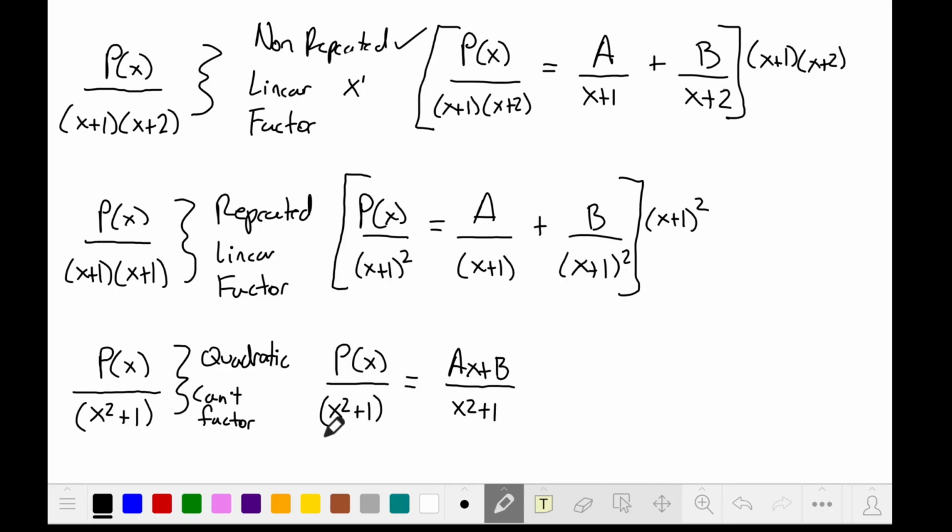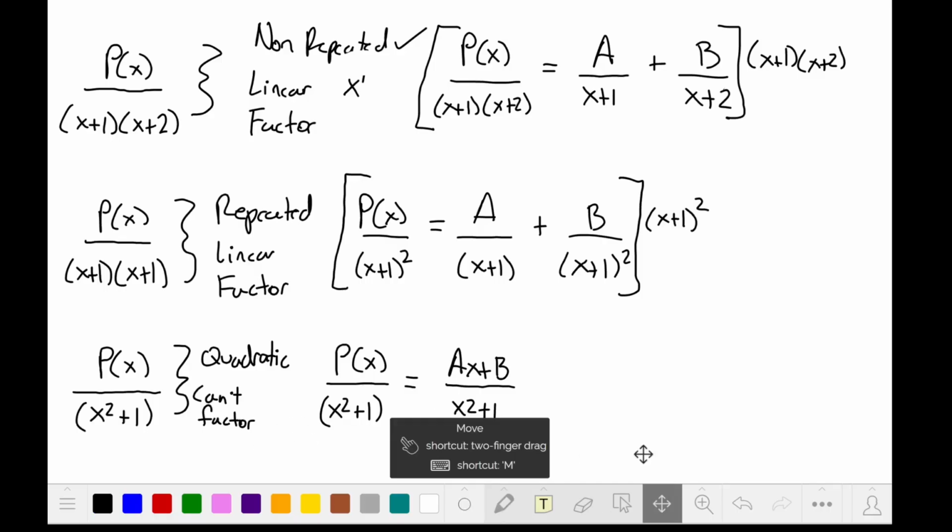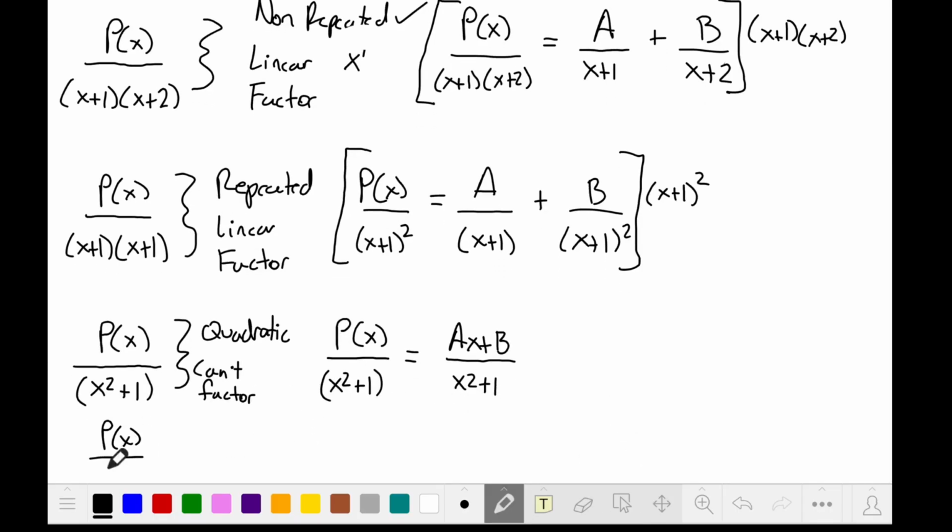So for example, if it was p of x divided by x cubed plus 1, then in that case p of x over x cubed plus 1 would equal ax squared plus bx plus c divided by x cubed plus 1. So whatever factor you're stuck with underneath, look at the biggest power.